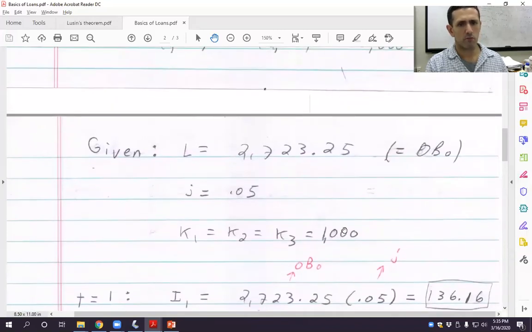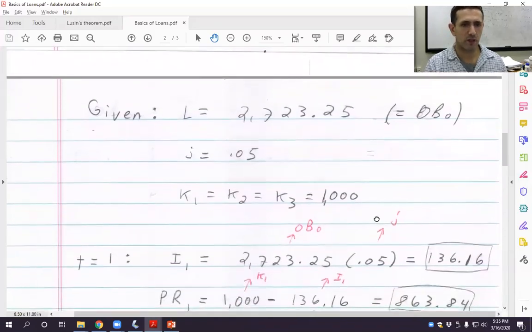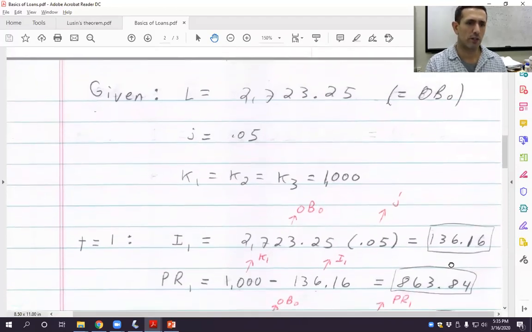So we're just plugging and chugging. The interest you have to pay in the first year is OB_0 times J, 136.16. The principal you pay in the first year is 1,000 minus 136.16, 863.84.